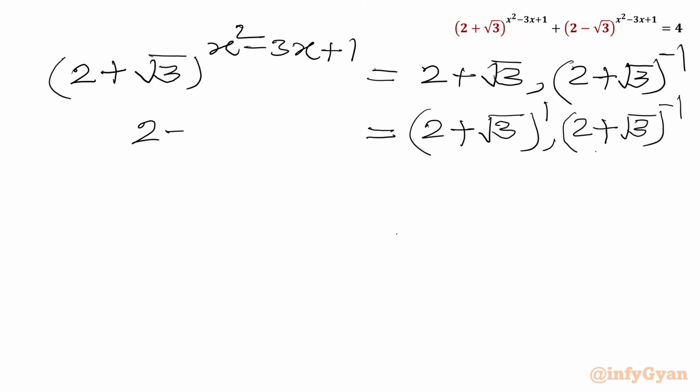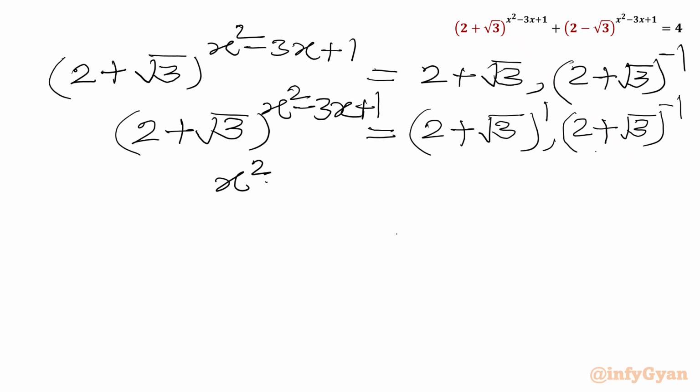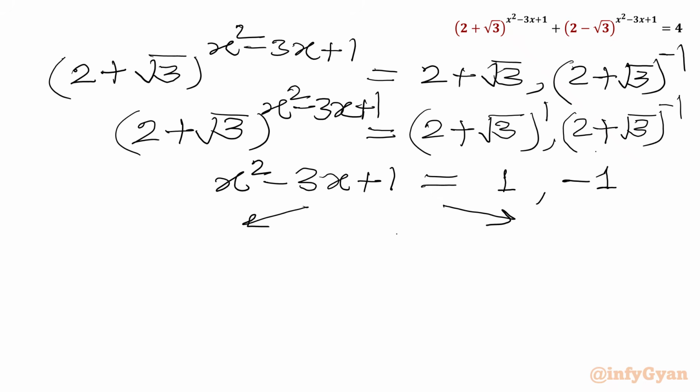Now we can compare both sides because our bases are same. So exponents must be equal to each other. So I can compare and write x square minus 3x plus 1 will be equal to 1 or equal to minus 1.